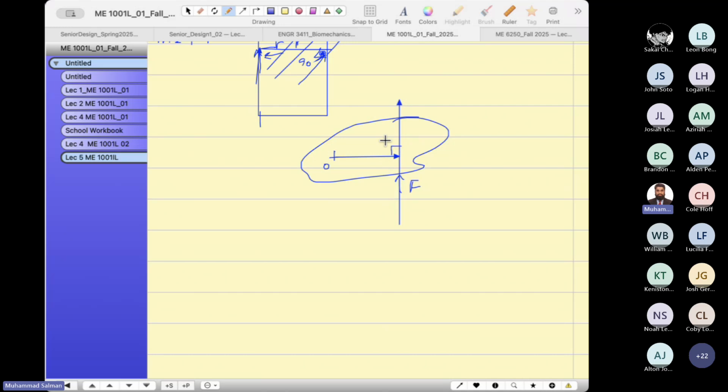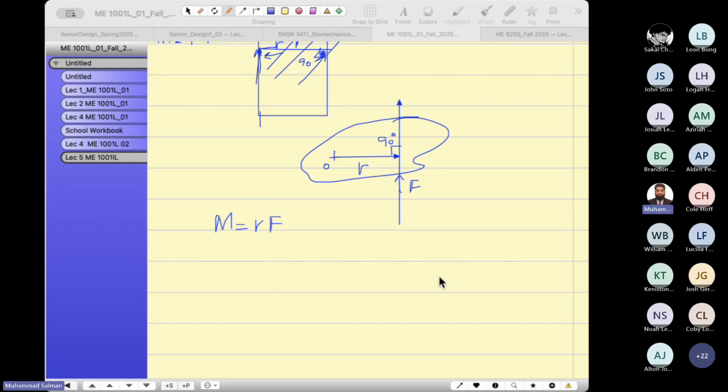So you see this is 90 degrees and this is R. Okay guys, this is the moment, R cross F. You see my point, guys? So that's how you find the moment. And the next question is all about the moments of a force.